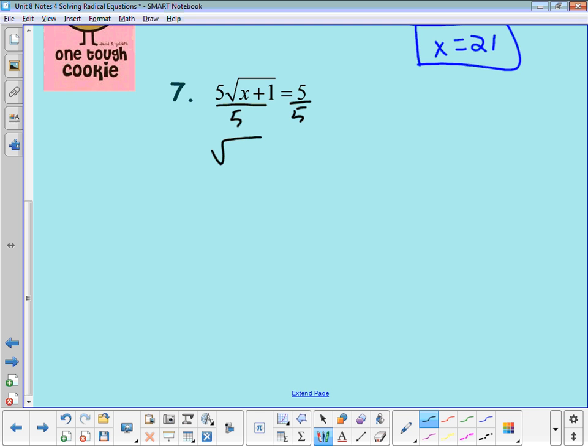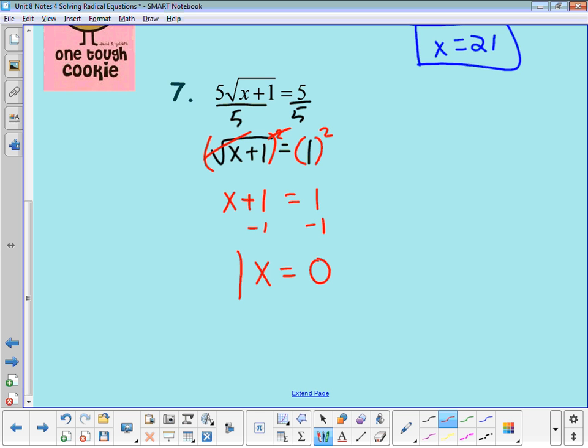I'm left with the square root of x plus 1. 5 divided by 5 is 1. And now the radical's alone, so now I can square both sides. The radical and the square cancel each other, so I have x plus 1 is equal to 1. I can then keep solving for x, subtract the 1, and I get x equals 0. So there's my solution there.